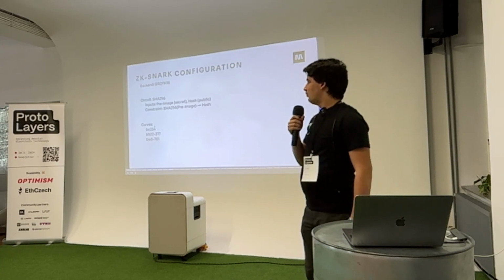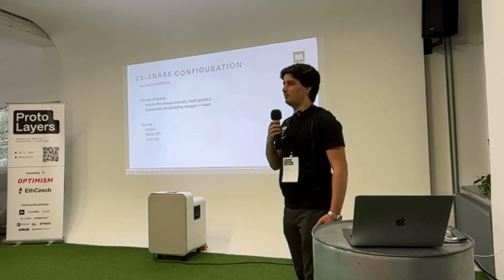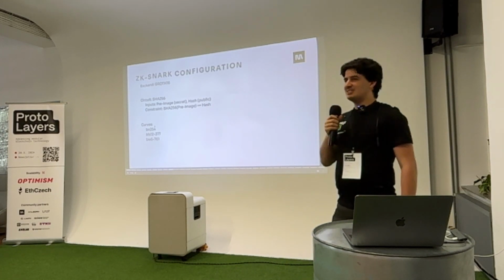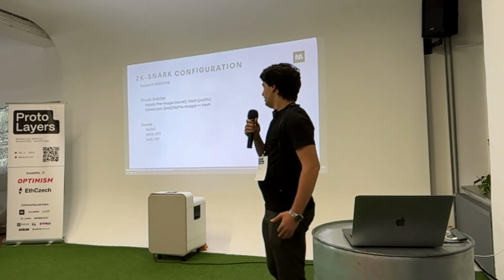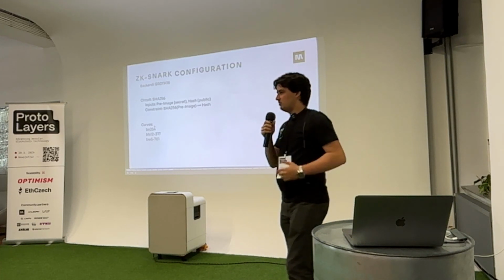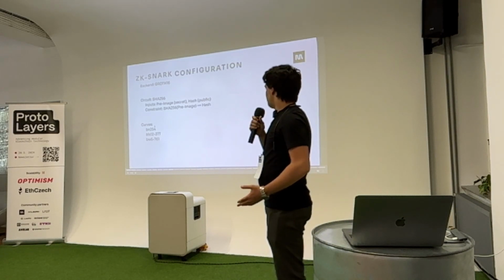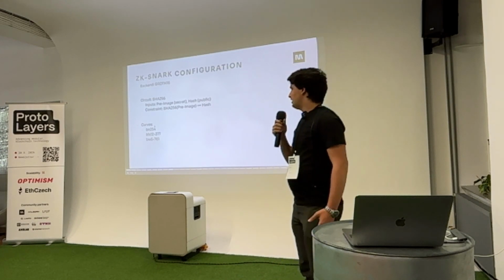And we basically want to prove that we know the pre-image of an already existing hash. Another thing about ZK-Snarks is that there is a lot of elliptic curve arithmetic involved. So when using a ZK-Snark, you need to instantiate it on a certain curve. We went with three curves: the BN254, the BLS12-377, and the BW6-761.